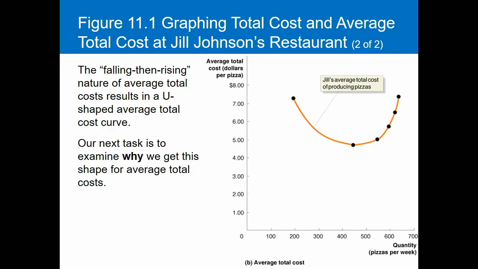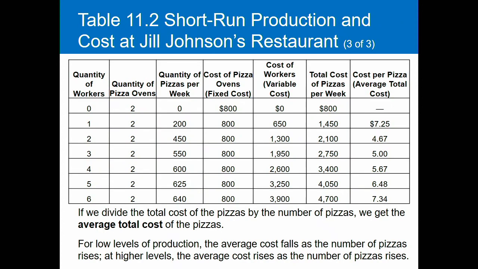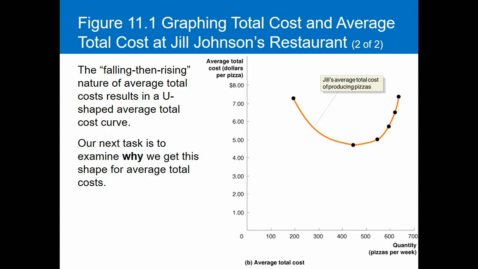And important to remember, average total cost is U-shaped. It falls initially, and then we see it increase again. And the reason we see it increasing again is because that marginal product of labor is decreasing. So the average cost of producing a pizza is going to increase as you're adding these additional workers, because going from that 5th to the 6th worker, you're only getting 15 additional pizzas. But you're still paying whatever that wage is, $650 for that employee, to only get 15 pizzas back.